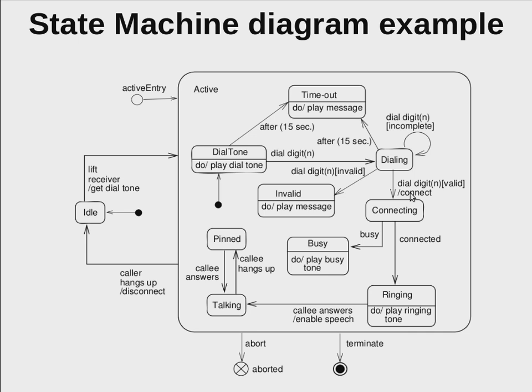For example, to generate executable code for state machine diagram, this is quite a well known business, and you can get quite cheap, maybe even free tools to generate some source code which will execute this particular state machine.